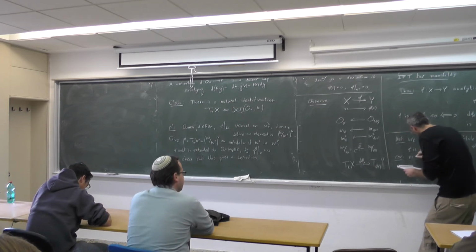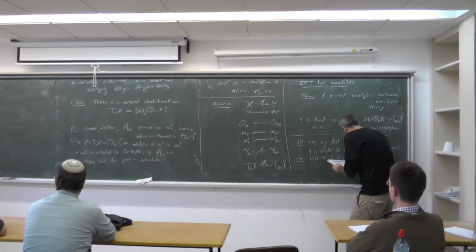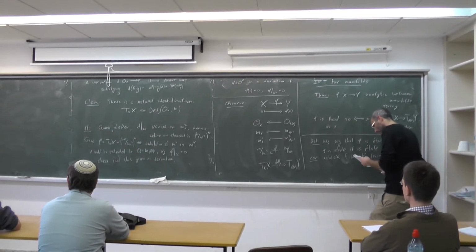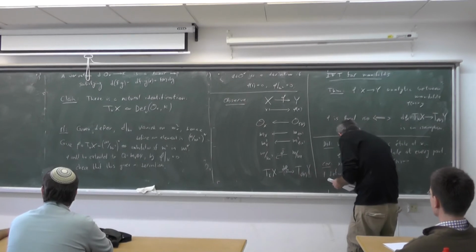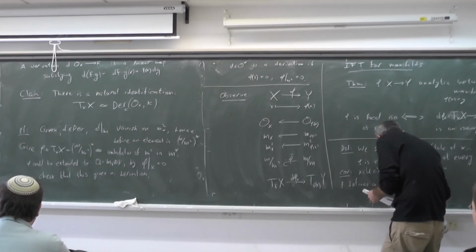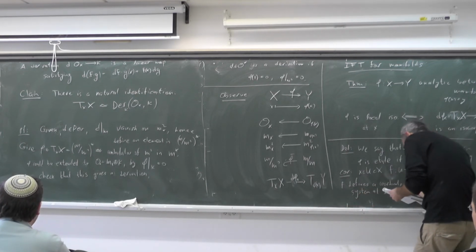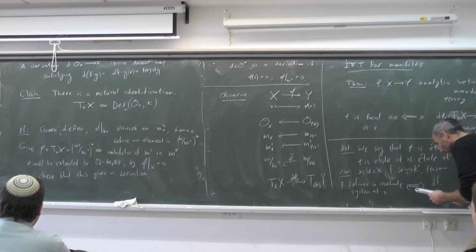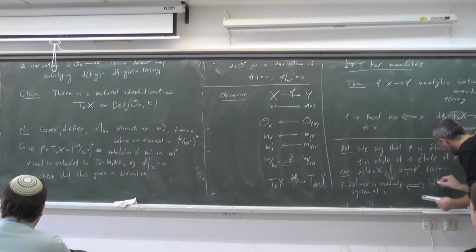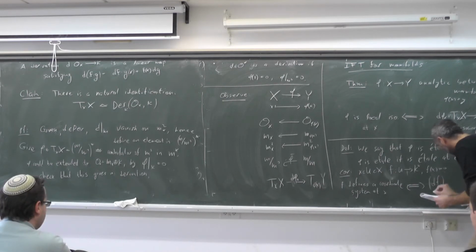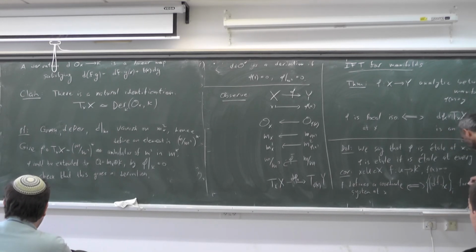Let's take this corollary. If I have U here, then F defines a coordinate system at x if and only if the f_i, F is just a map, right, at x, and this collection of f_i's forms a basis.